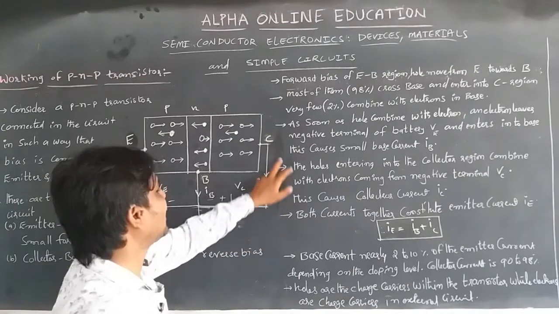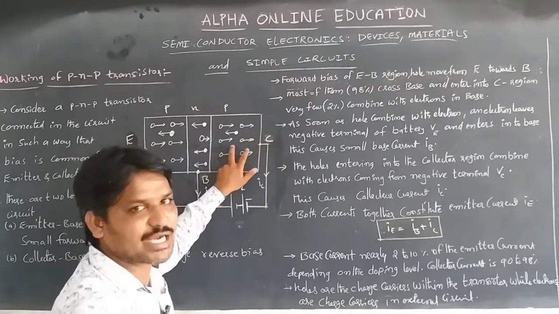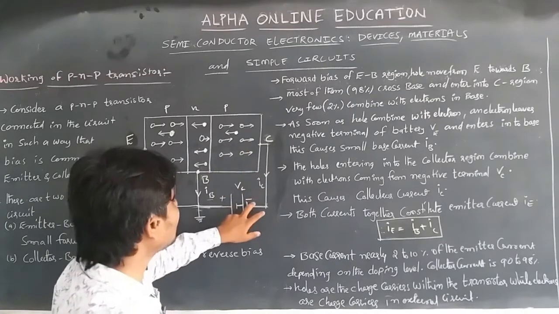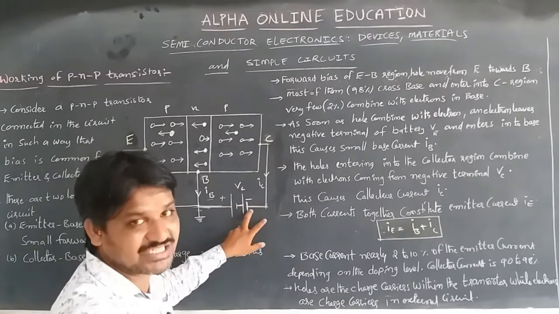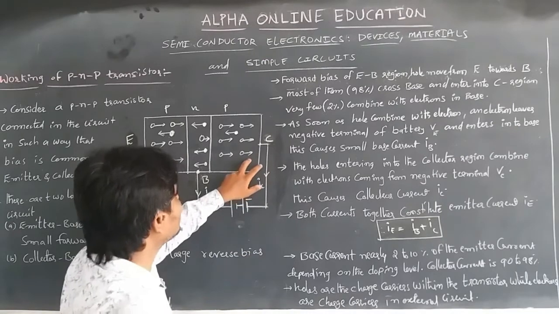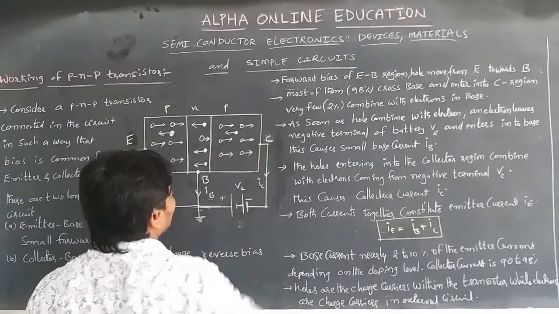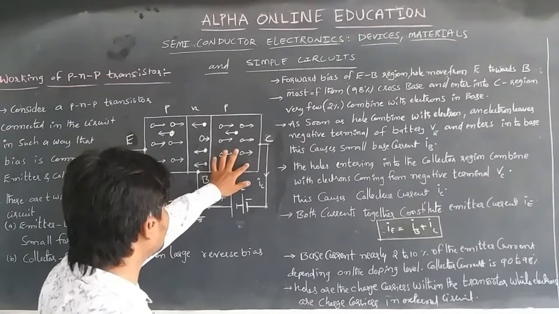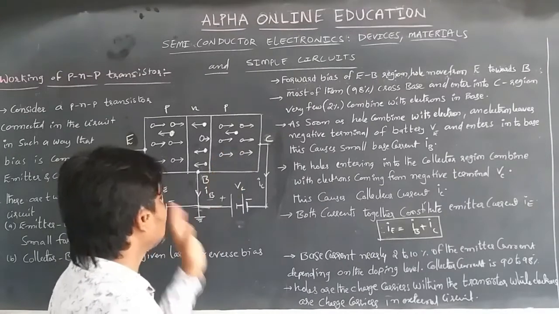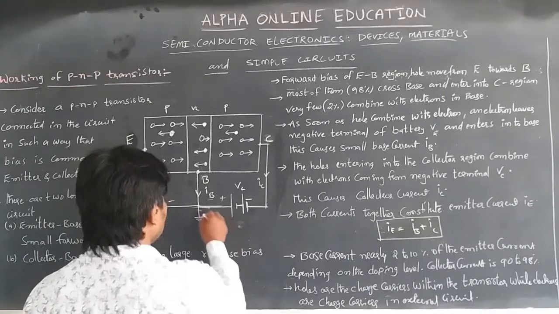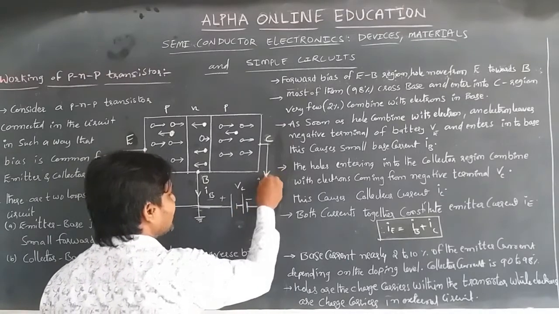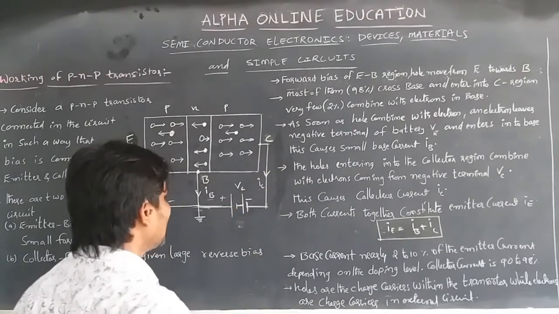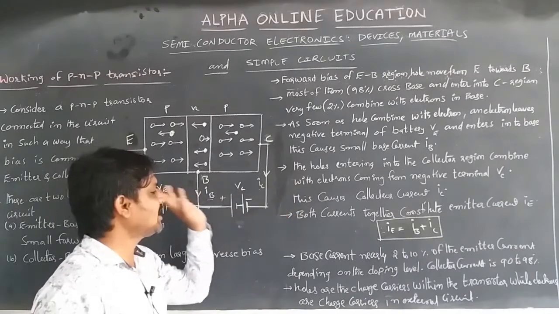Whenever it gives the electrons, the holes are attracted and combined with the electrons at the collector region due to the reverse bias connection. The holes enter the collector region and combine with the electrons coming from the negative terminal, so the collector current flows. That is IC, the collector current.